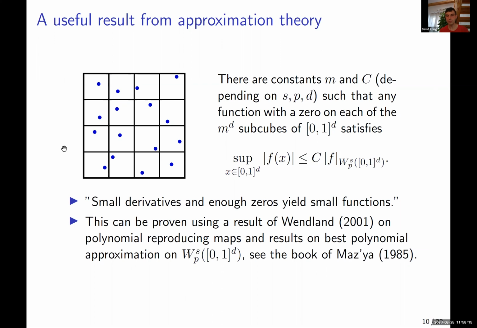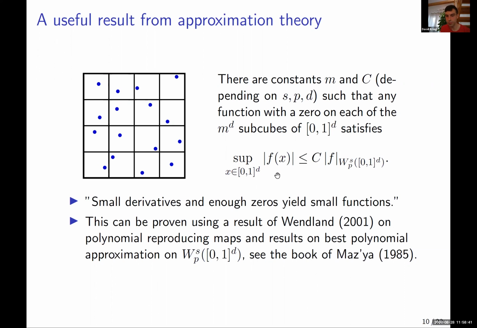And given the smoothness S and the parameters P and the dimension D, then there are constants M and C, depending on these other parameters, such that if the function has a 0 in every one of these M to the D subcubes, so all of the same size, then we have this inequality.